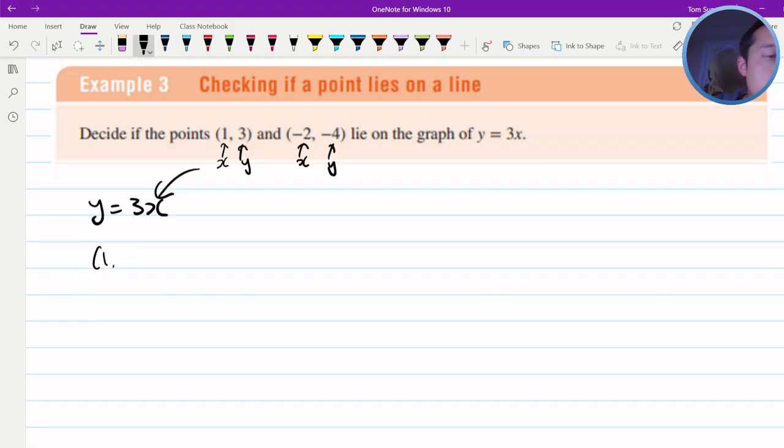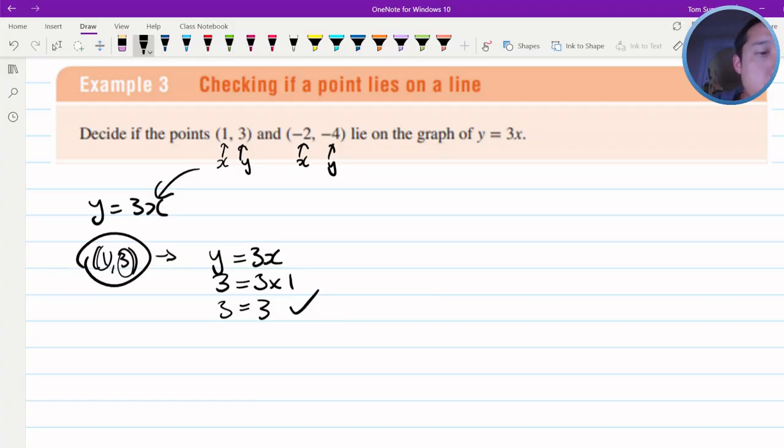We're going to replace the y value with the y value here, and the x value with the x value here. So y here is 3, x here is 1, so it's 3 times 1. Do they match? They do match, so great. That coordinate lies on this graph, because the numbers work. 3 equals 3.